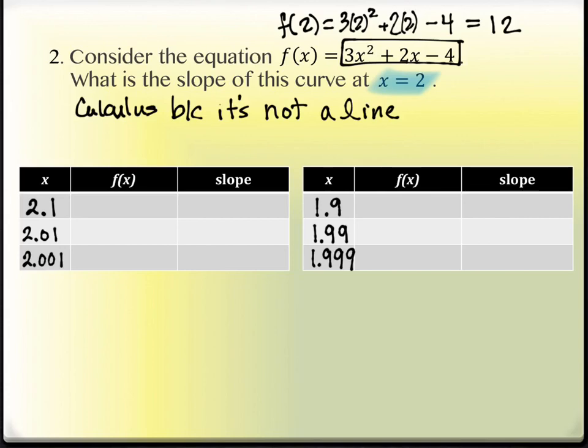If you don't have it set up like that, or if you're using a calculator I'm not working with you on today, you're just going to plug in one of them at a time: 3 times 2.1 squared plus 2 times 2.1 minus 4. Then you do the same thing with 2.01, 2.001, and all the 1.9s.